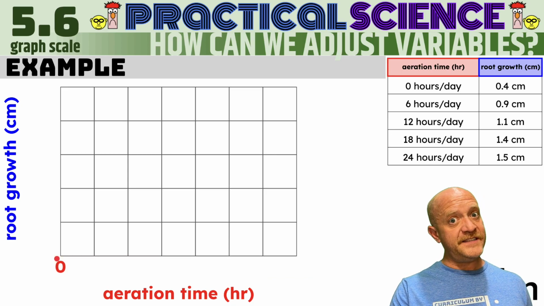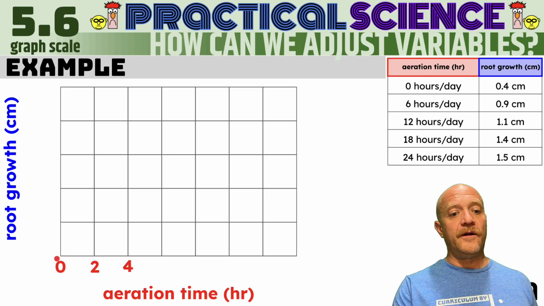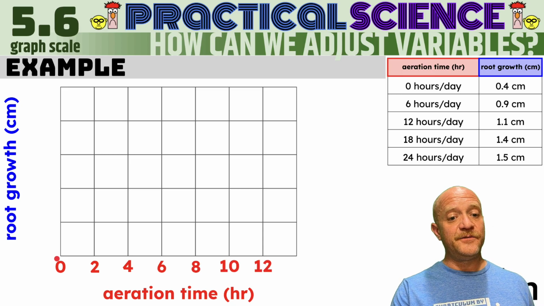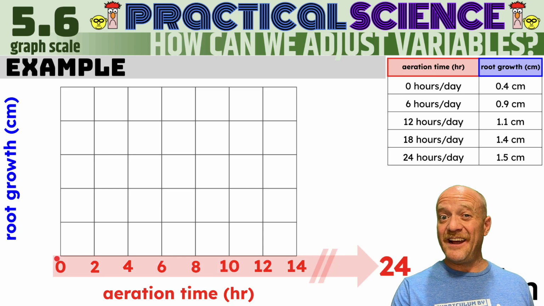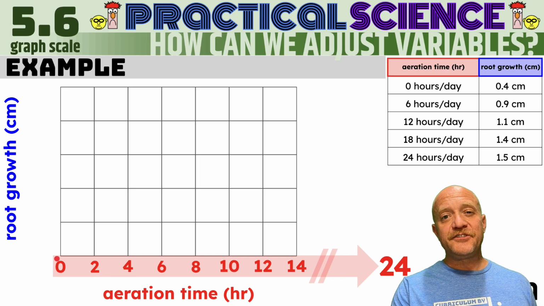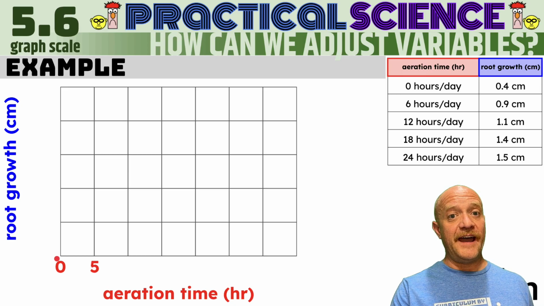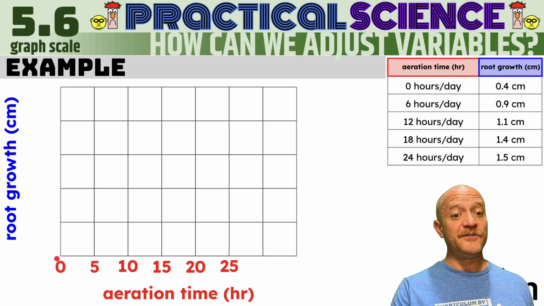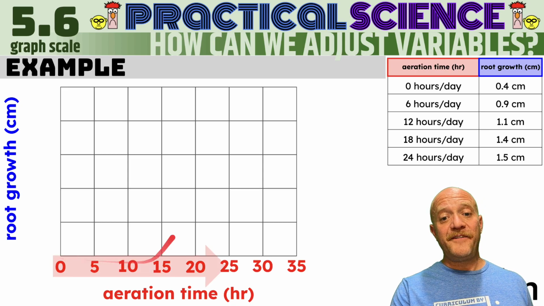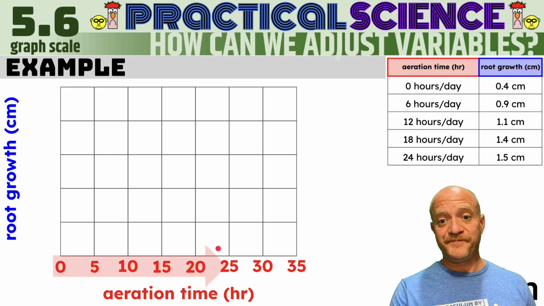Okay, start again with 0, 2, 4, 6, 8, 10, 12, 14. Not quite. 24 will extend beyond the graph. So let's try our next number. Count by fives. Again, 0, 5, 10, 15, 20, 25, 30, 35. The maximum value of 24 will be within this section.